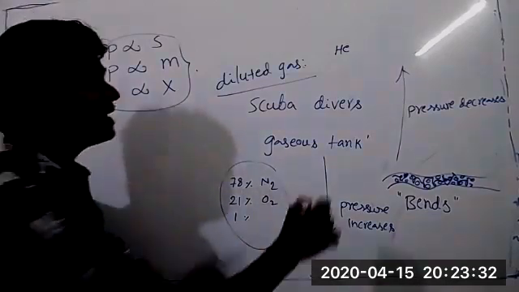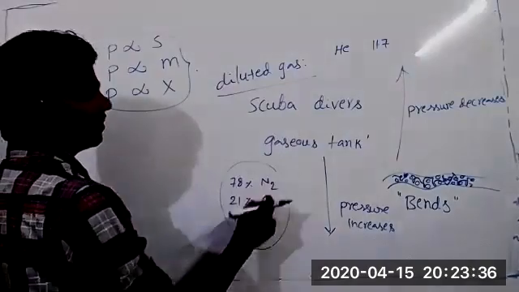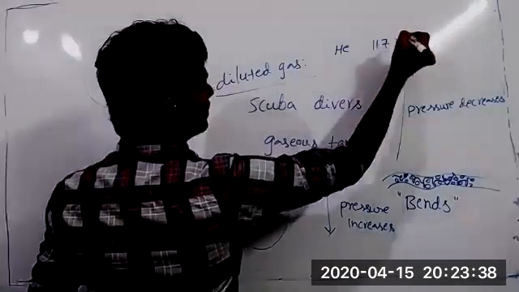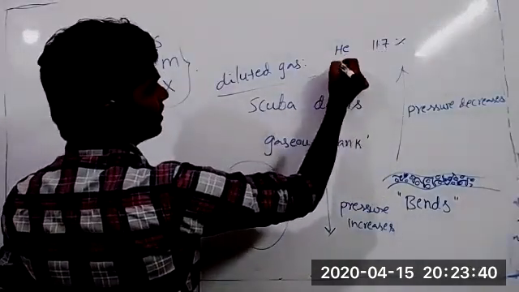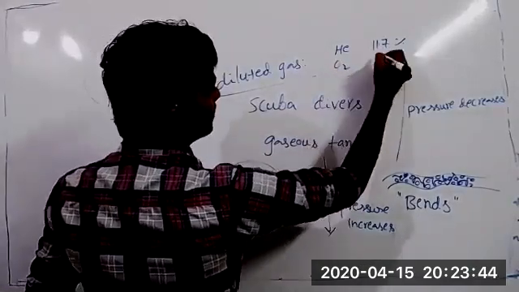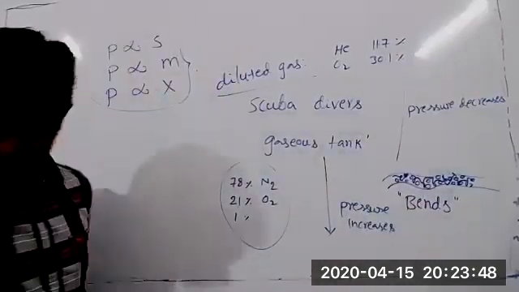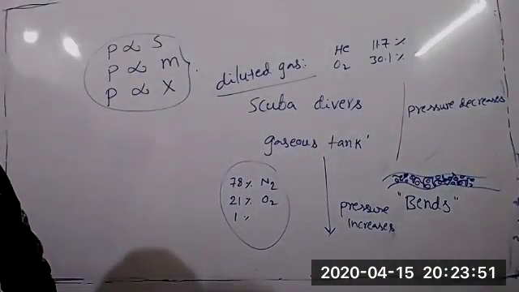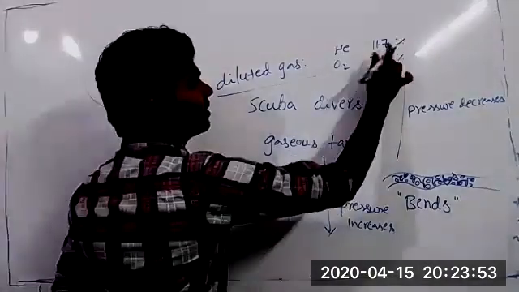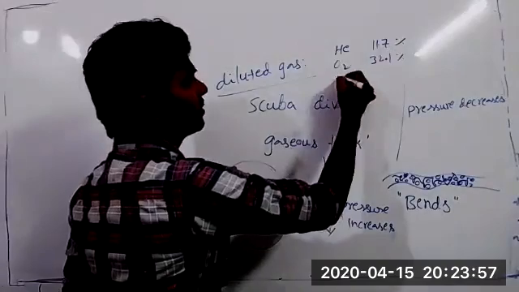Helium is 11.7%, so this gas is diluted with helium. 11.7% is helium and 32.1% oxygen, and the remaining percentage is nitrogen.